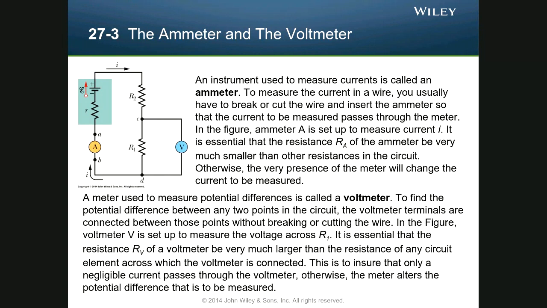I want you to notice, if you take out the meters here, so if we were to cross this out and cross this out, we would actually have a single loop circuit. So I want to redraw the circuit. I don't know if I have space. This is what you're looking at here, the measurement. So we have a battery with a little internal resistance.